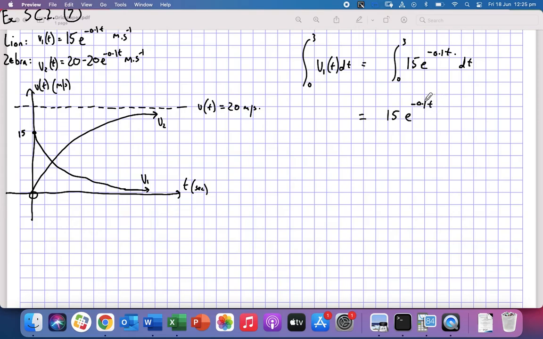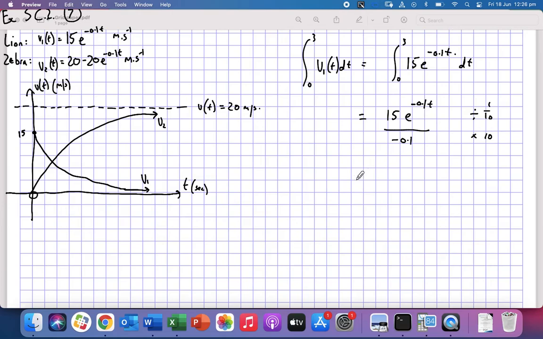If I was doing a derivative at this point, I would be multiplying by minus 0.1. But I'm not, I'm integrating. So I'm going to divide by minus 0.1, like this. So 0.1, right? It's like a tenth. It's like I am dividing by a tenth, which is equivalent to timesing by 10.